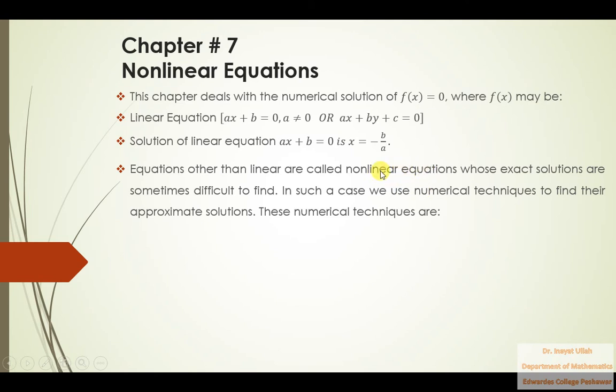So these kinds of equations are called non-linear equations, and the solution of these non-linear equations is sometimes very difficult to obtain, and in a few cases it is impossible to obtain the exact solution.